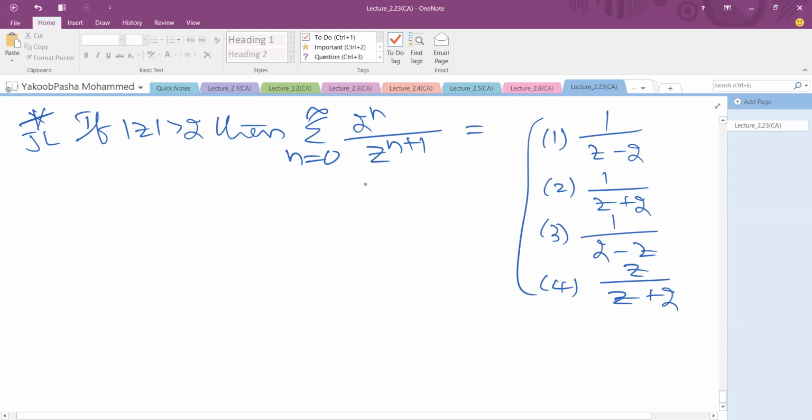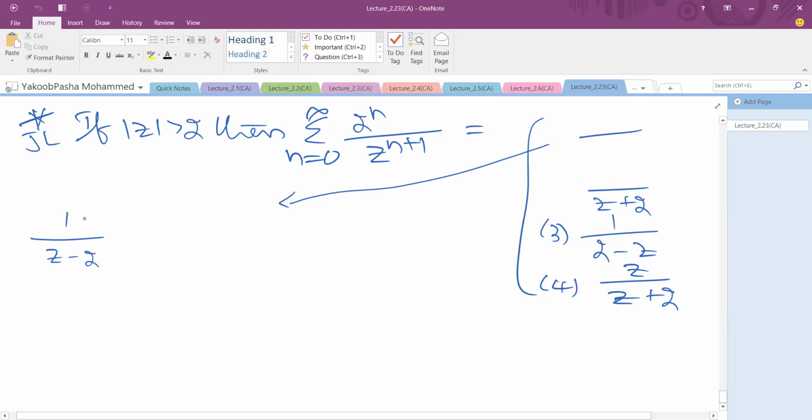Here, instead of directly expanding this, let us check the options one by one. First I'm taking this option, 1 by z minus 2. But we are given the condition, you have to observe. First I'm taking the condition, that is modulus of z greater than 2.